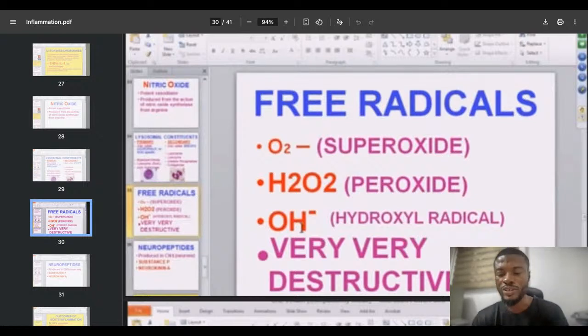And these are very dangerous, especially the hydroxyl radical, very potent. I mentioned the last time that with the interaction of radiation with the body tissues, a lot of hydroxyl radicals are produced.